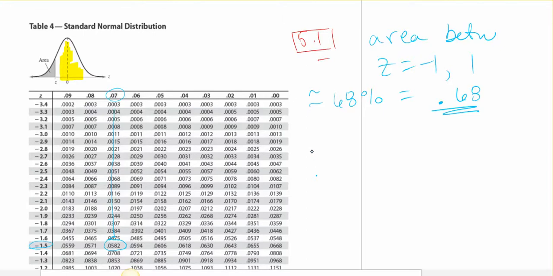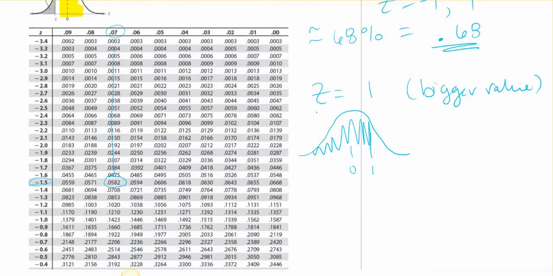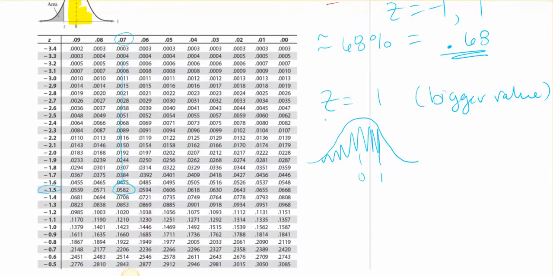If we were to look up a z-score of 1, which is the bigger one, that's our bigger value, it would give us this area. So here's z is 0, here's z is 1. It would give us all of this area. If we were to look up a z-score of -1, it would give us this area. So if we want what's in between, does it make sense that we just need to subtract those two values?